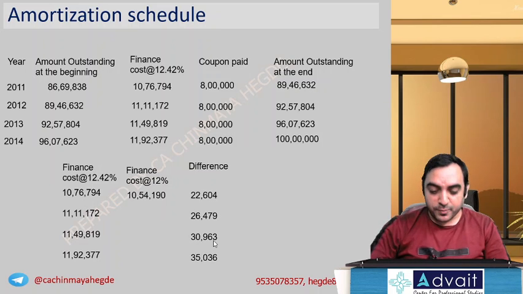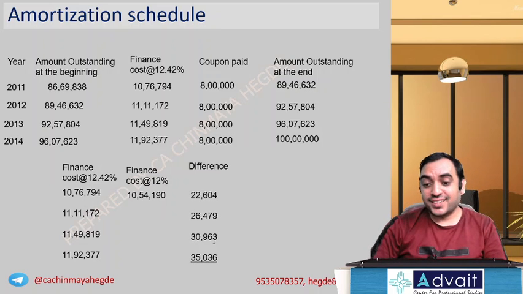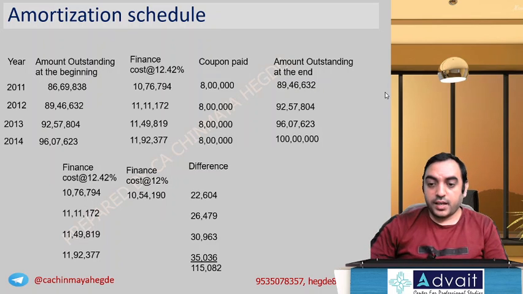Okay. Now please tell me the total of this difference. What does it come to? 1,15,082. And was this the flotation charges allocated for this one?